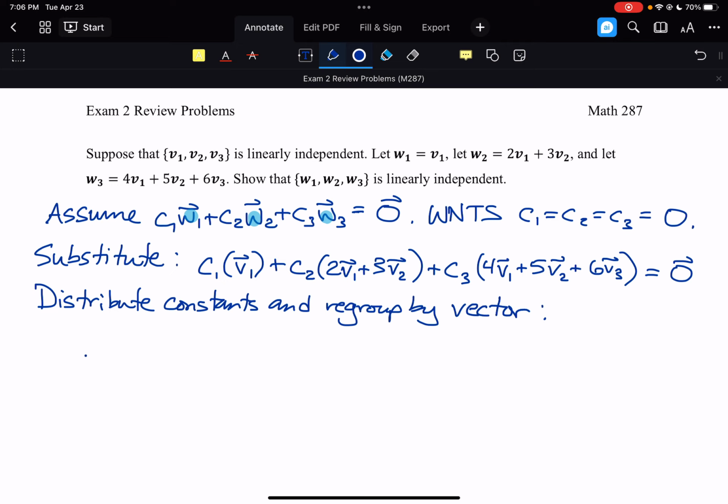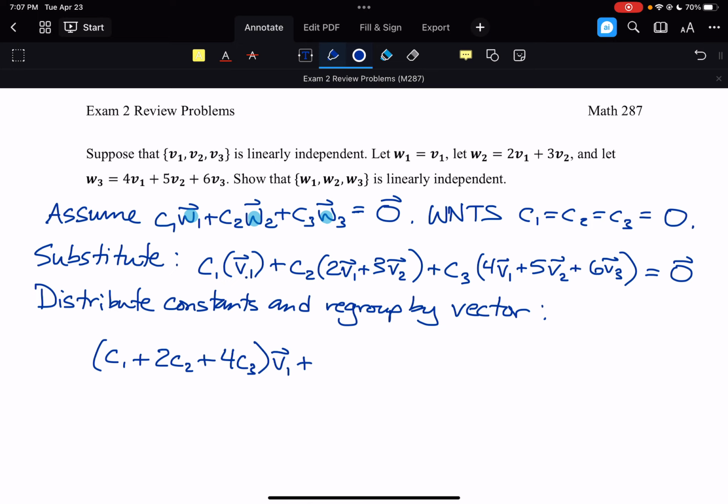If we look at all of the v1 terms, we're going to have c1 plus 2c2 plus 4c3, and all of those are times v1.